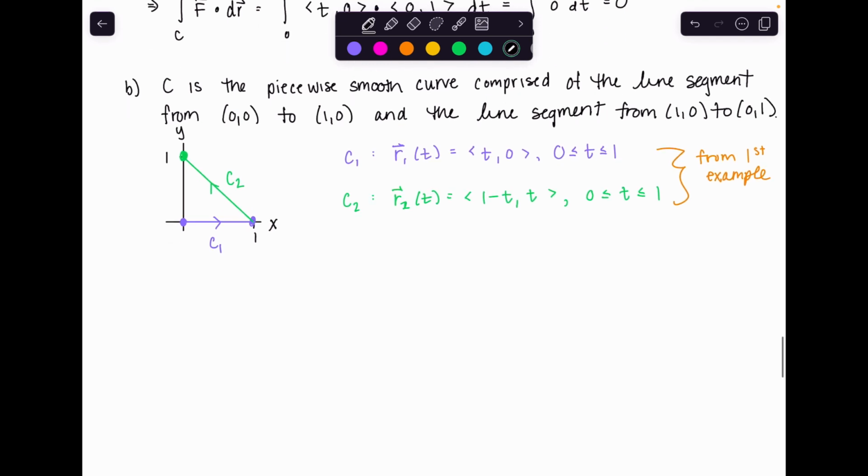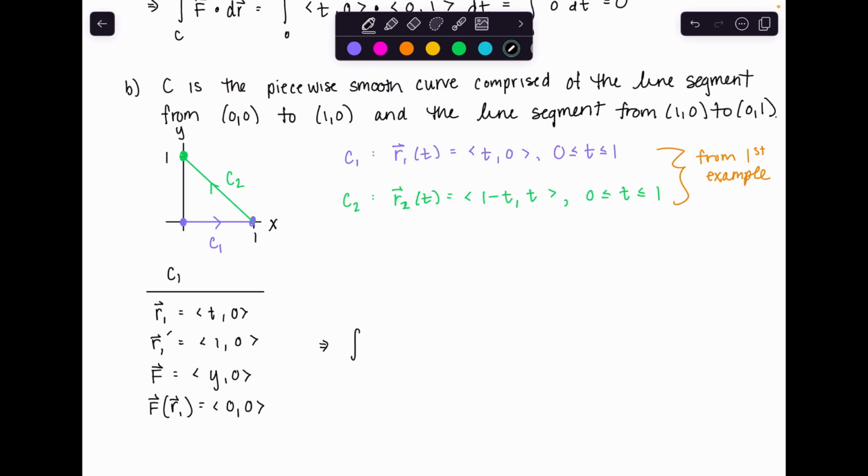So we'll start by finding the line integral over C1. The vector function r1 is t, 0, so its derivative is 1, 0. The vector field F is y, 0, so F along this particular curve is just going to be 0, 0, which is fantastic.